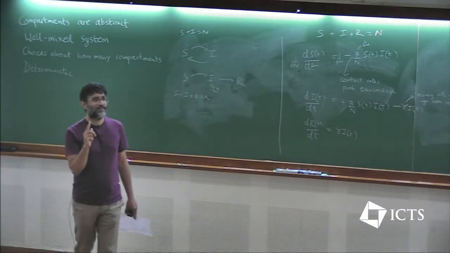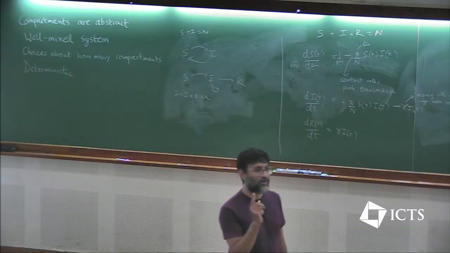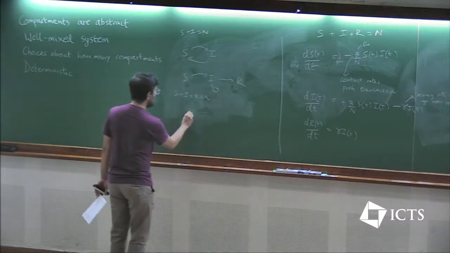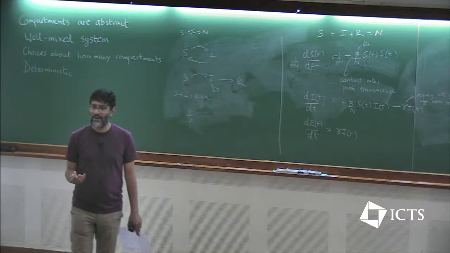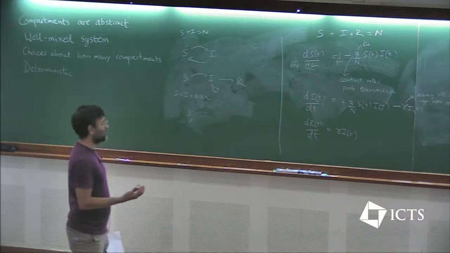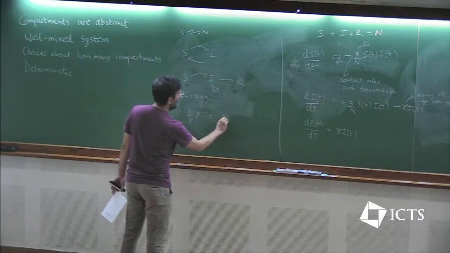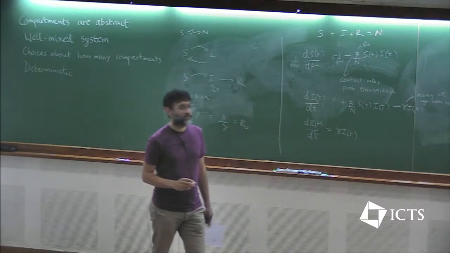Somebody? 1 by R? There's no R here now. 1 by gamma, absolutely. Okay, so 1 by gamma is the time in which it's infected, and in that time, how many will it infect? It'll be beta, right? So beta by gamma is exactly that number that we were talking about, okay?